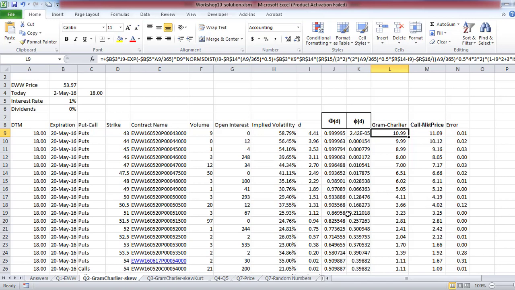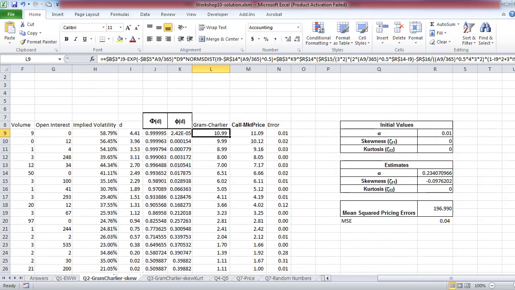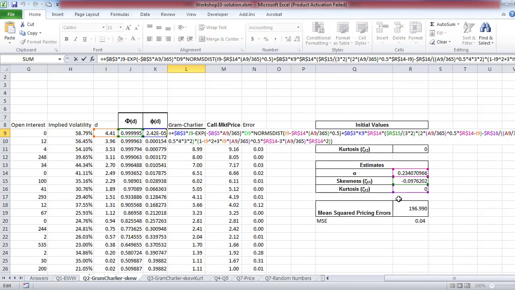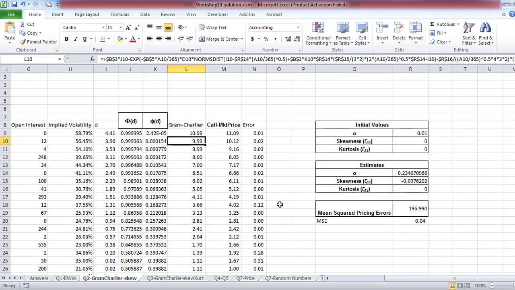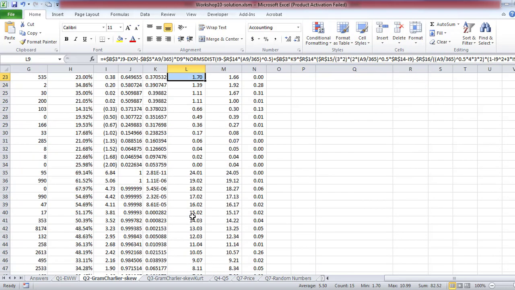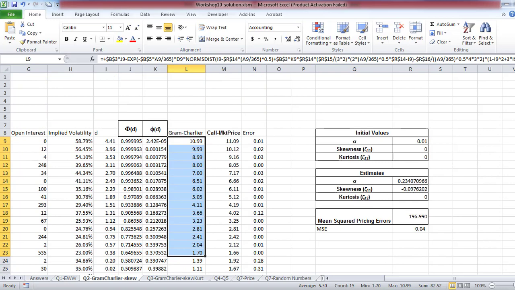And remember, the Gram-Charlier formula is for call option prices. So if you see this Gram-Charlier formula, it's going to depend on this volatility, the skewness parameter, and the kurtosis parameter. So once you set all the Gram-Charlier formulas for all the options, at the beginning you're going to have certain values.